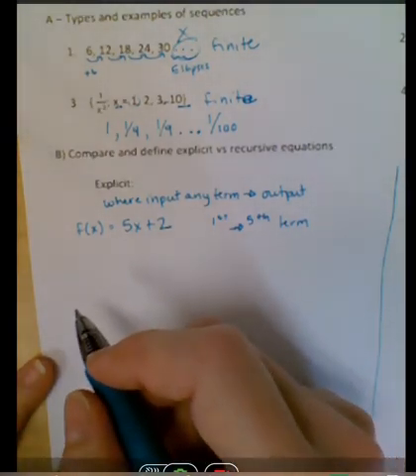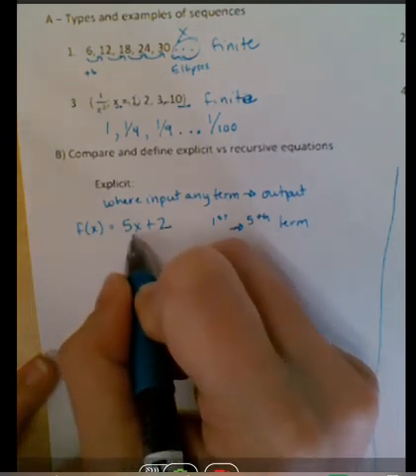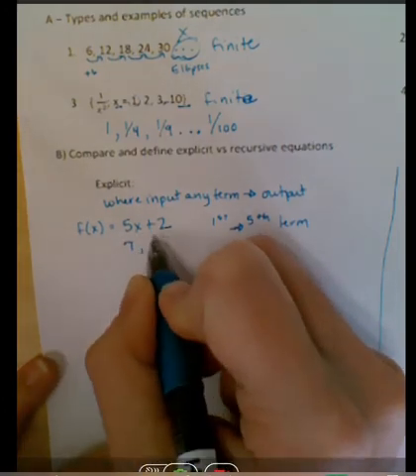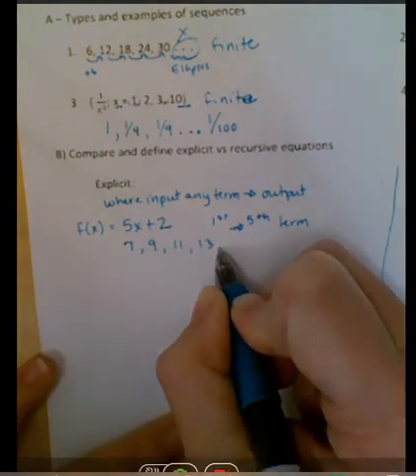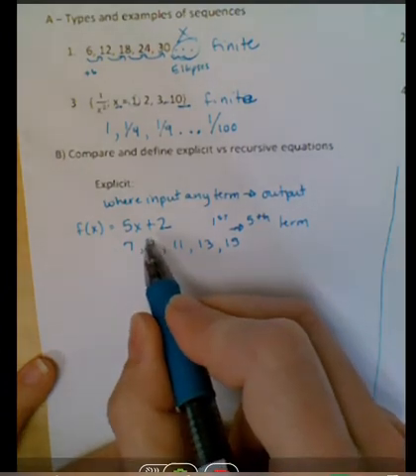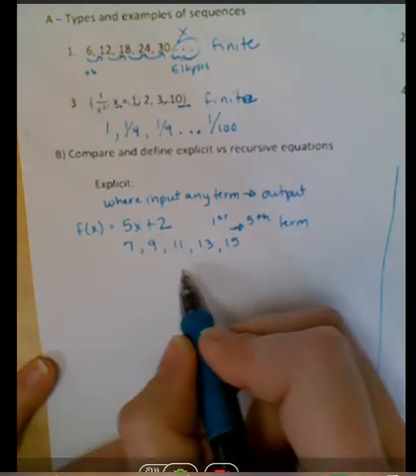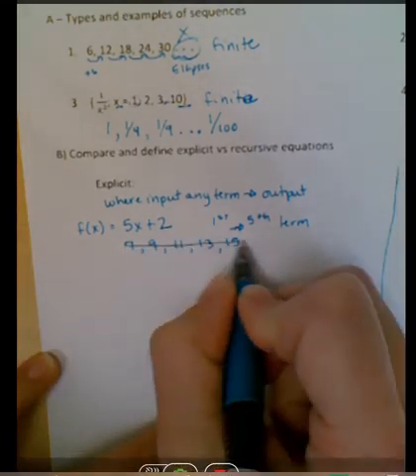So let's say I plug in 1, I would get 5 plus 2, which is 7, and then 9, 11, 13, 15. Now I can plug in for every single one of those, or I can generate it by just adding, sorry, this is not right, adding the 5.